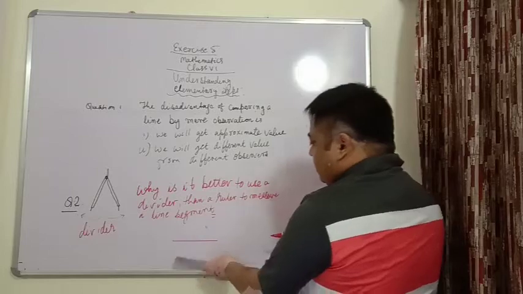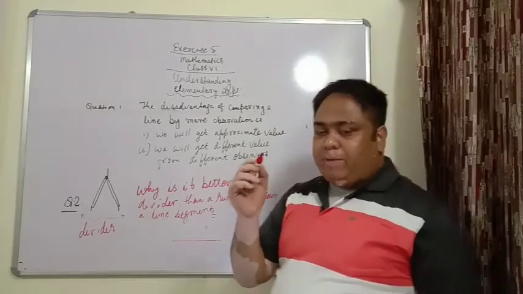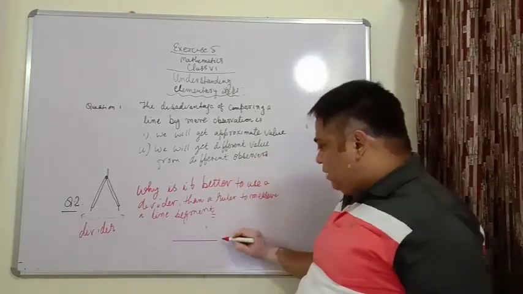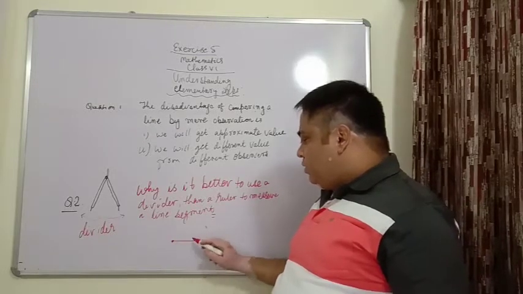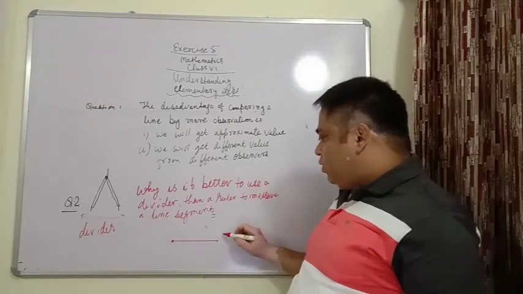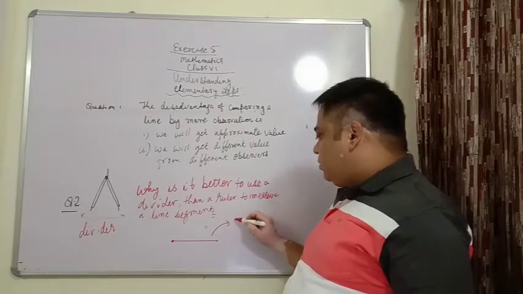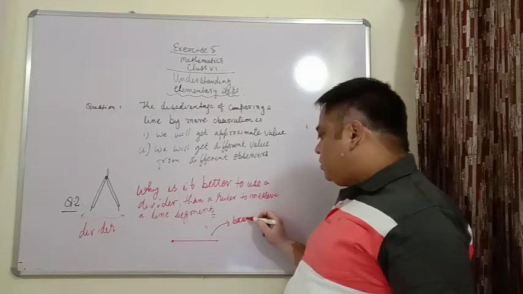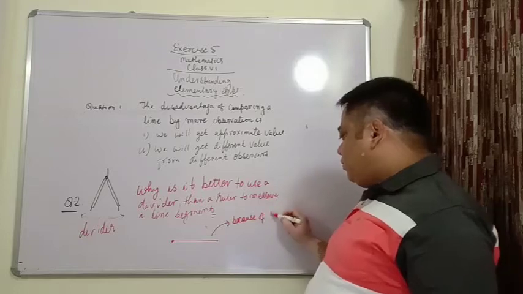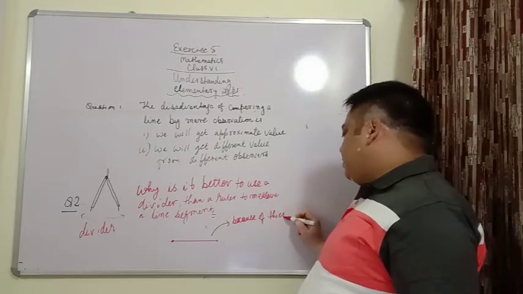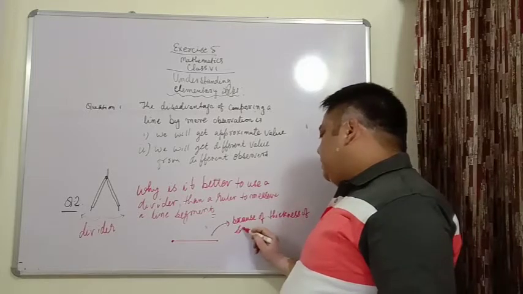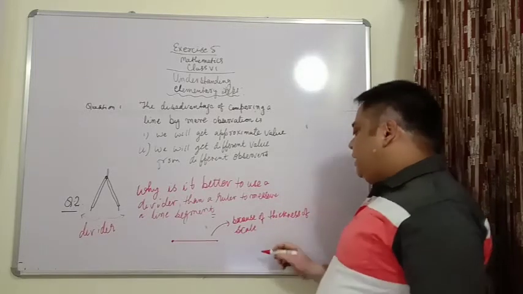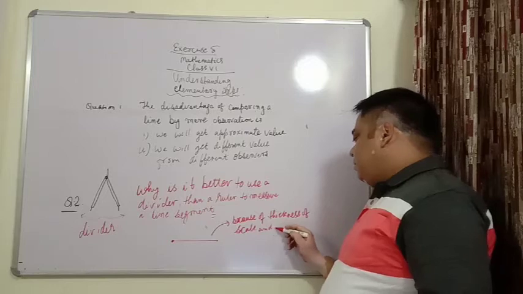But since the point of my pen is so thick that this point itself is around 0.5 centimeter, so it will not give accurate data. So because of thickness of scale's edge or scale and pencil.